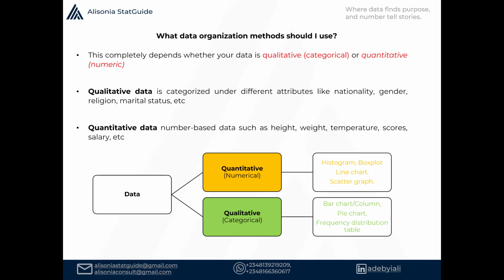This is a plus to me, I've gained something new: for all the quantitative, numerical variables, we use the histogram, box plot, line chart, and scatter, and for the qualitative, we use the other types of organization methods. Thank you so much for what I've learned today. You can proceed. All right, thank you.